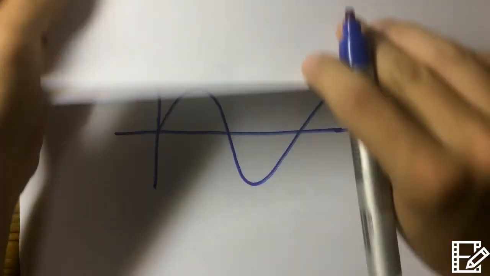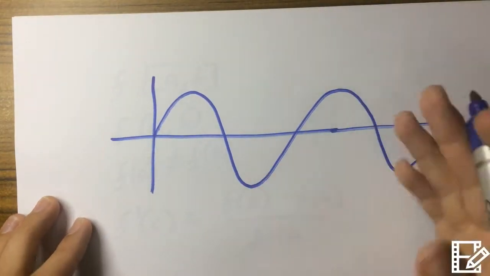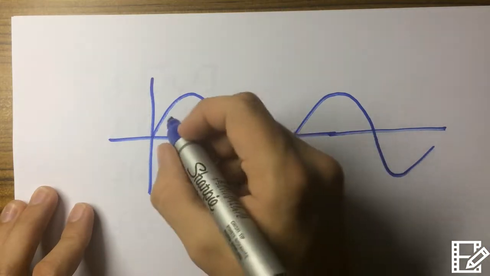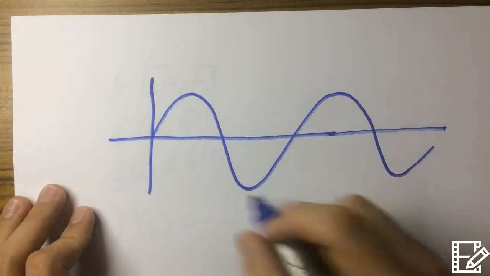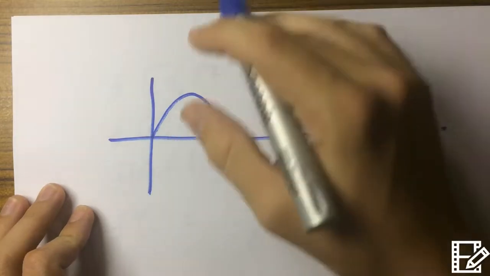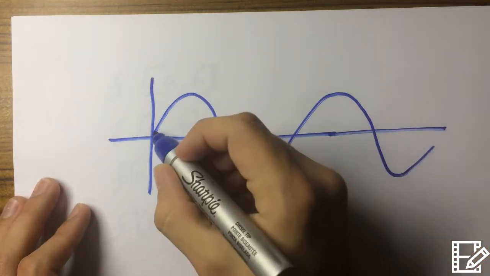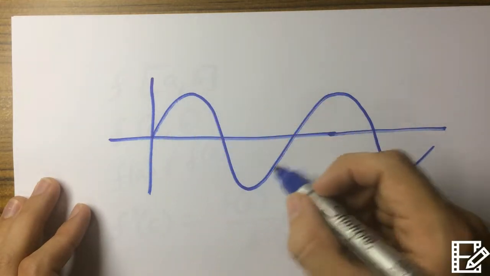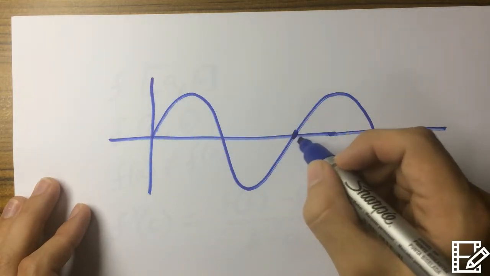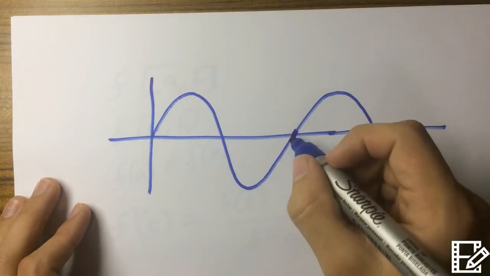Okay, so that's going to look like, well, when you look at a sine function, usually when you have sine x, it does one full revolution in 2 pi.